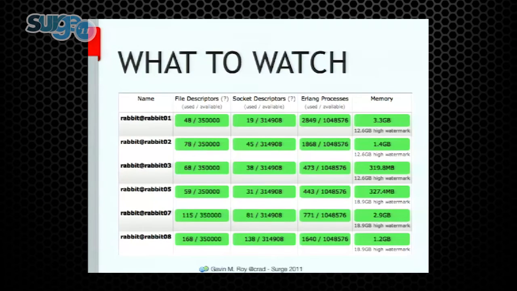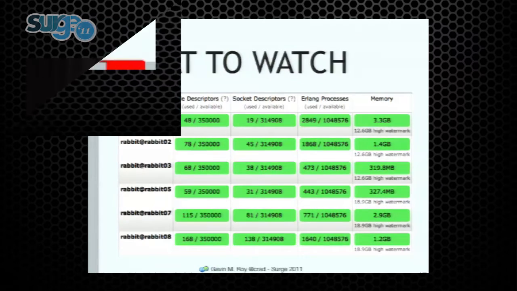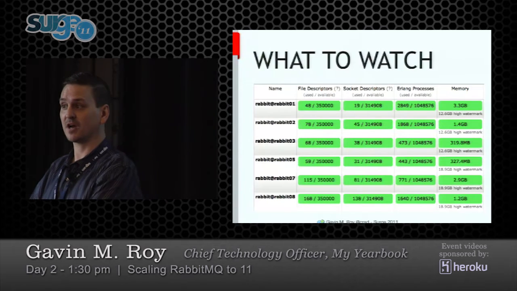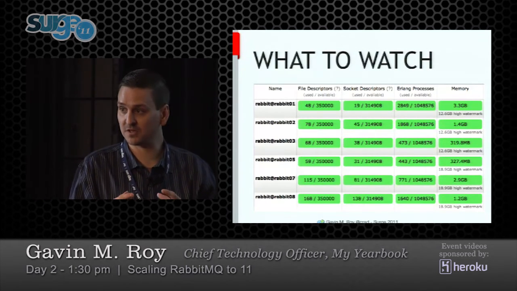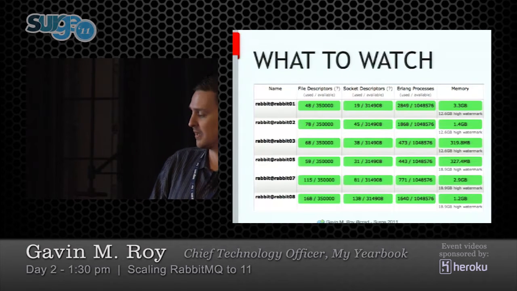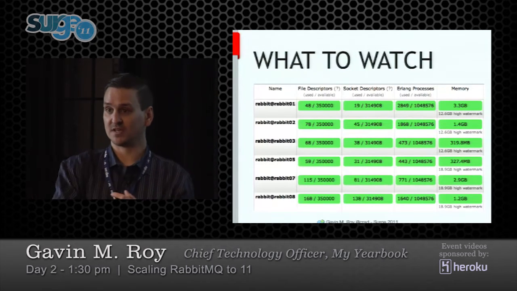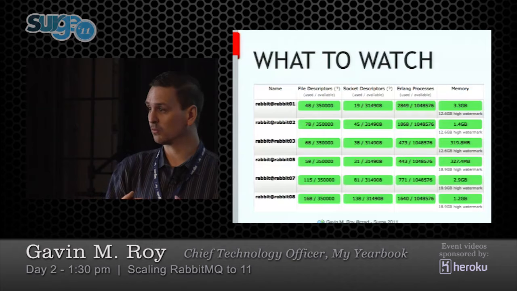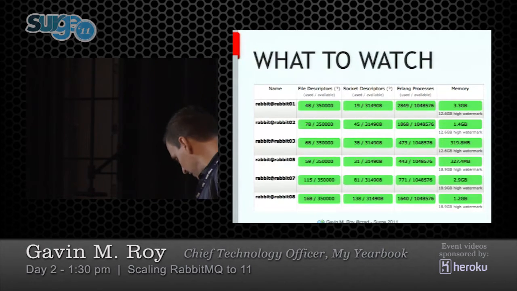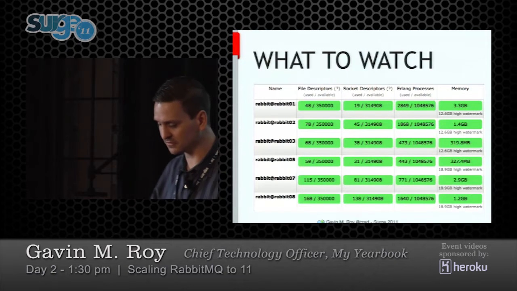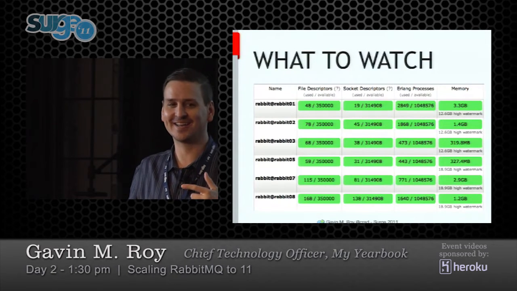And then Erlang processes. I've heard Erlang processes brought up a couple times through different talks here. Erlang processes are not operating system processes. They're actually lightweight processes within the Erlang VM. And in essence, when you have a connection come in for RabbitMQ, whether it be via AMQP, HTTP, or any other, a new Erlang process is spawned.